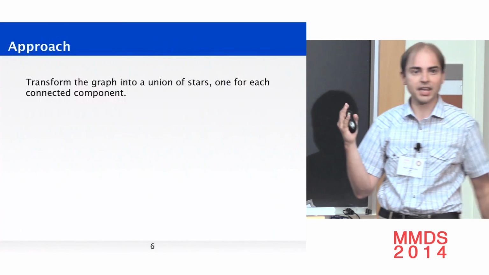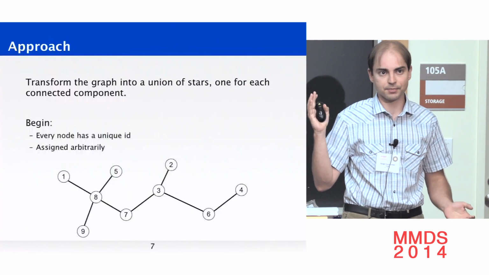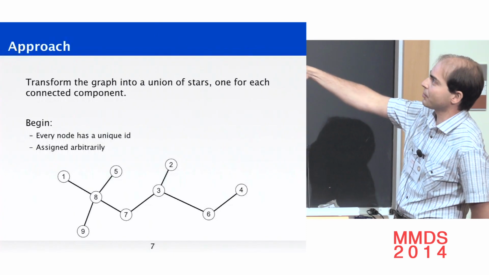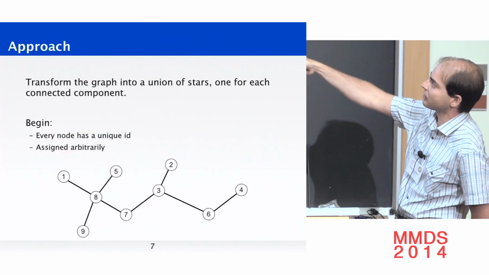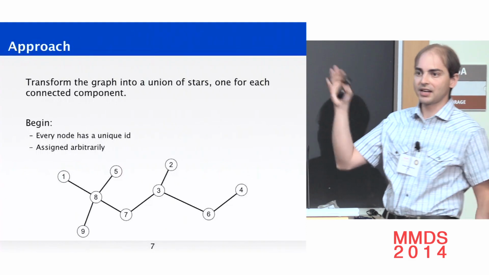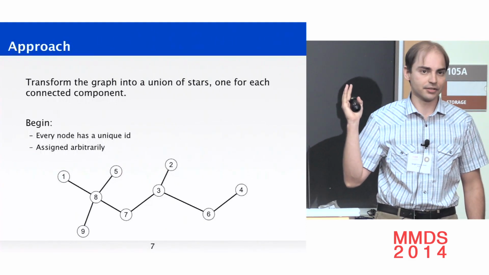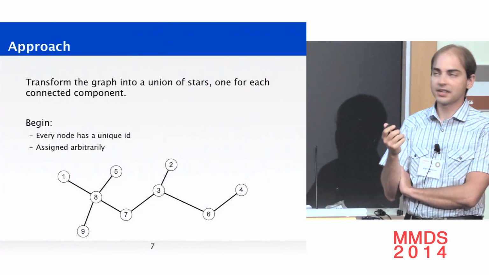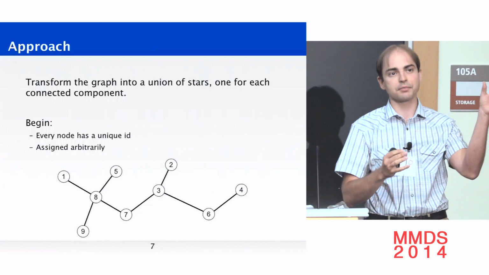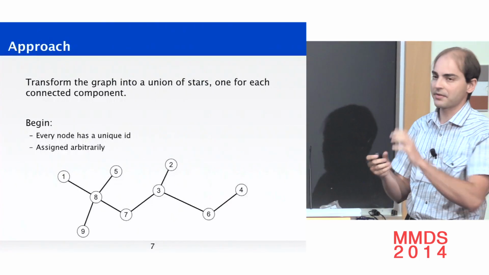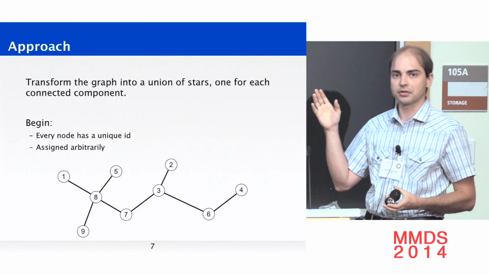And how do we begin? We begin the same way that we always begin. We're kind of doing connectivity, so we have this graph. This is going to be my large graph for the moment, 9 nodes. We're going to assign IDs arbitrarily to every single node. But how we're going to proceed given this, so I told you about transformations that we're going to do to the graph. There's going to be 2 kinds of transformations, and both of them are going to be local.